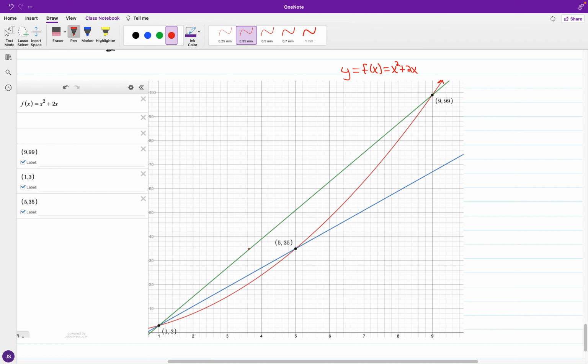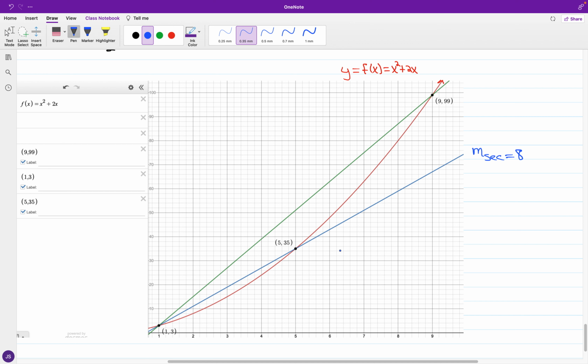And for the line I have in the blue as well as the green, notice you have from (1, 3) to (5, 35). That is going to be the secant line passing through the function and intersecting at (1, 3) and (5, 35). Again, the slope of that secant line is equal to 8.